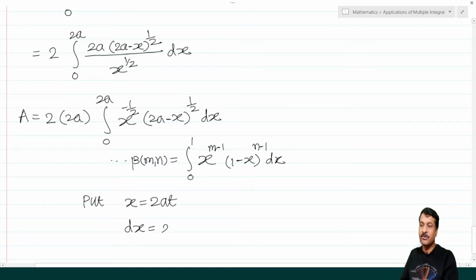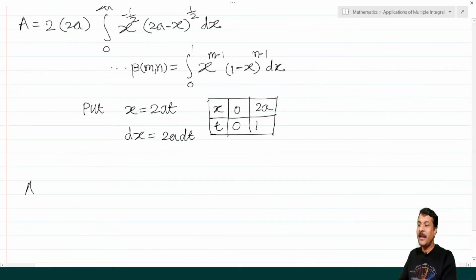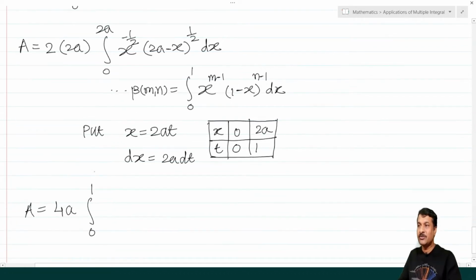It is equal to 2a dt. And what about the limits from x to t? Given limits 0 to 2a. If we put x equal to 0, I get t equal to 0, and x equal to 2a gives 2a by 2a, which is 1. And that is why the area A equals, outside it is 4a now, the integration from 0 to 1 of x raised to minus half.